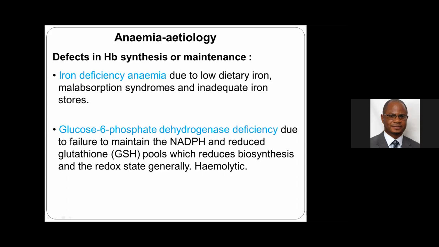And when the cells hemolyze, you will see anemia ensue, and it is because of G6PD deficiency. In hemolytic anemia, you might mention G6PD deficiency there also, because the end result is anemia due to hemolysis of red cells. But when we are talking about deficiency anemia, you cannot leave out G6PD.